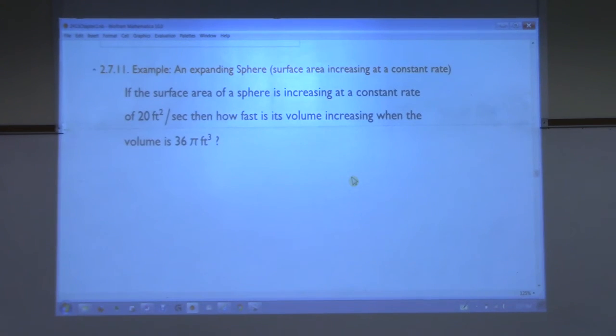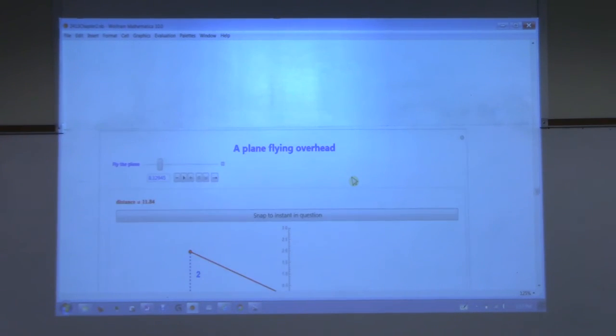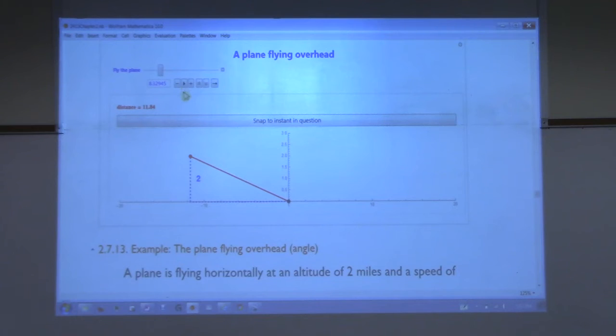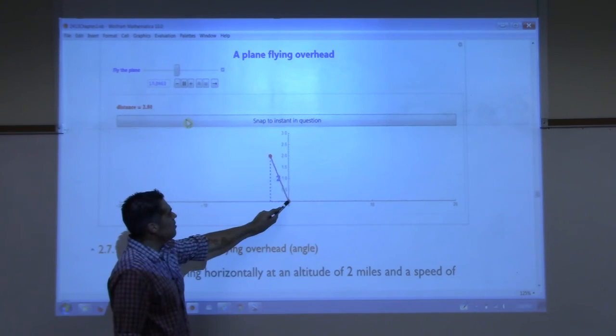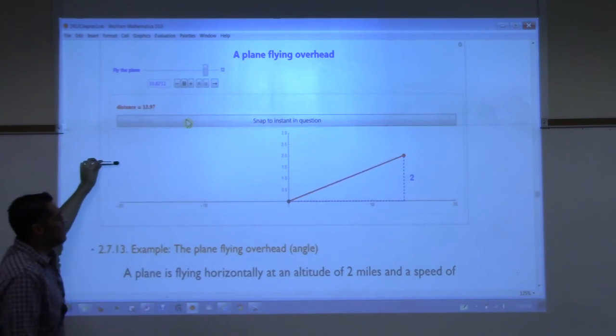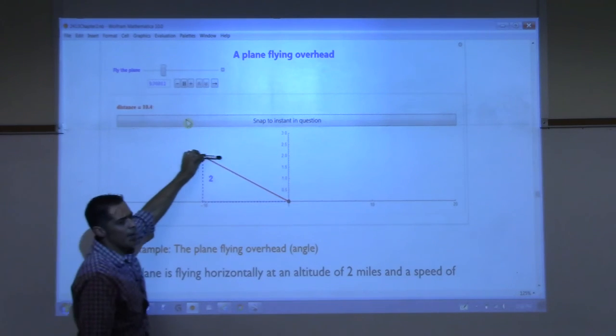Okay, so here, this is one that you can visualize, I think. You have a person on the ground, and you have a plane flying at a constant altitude overhead.